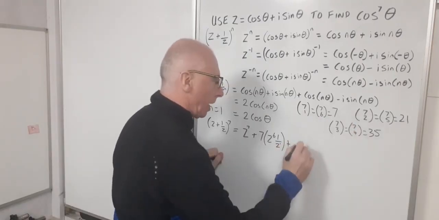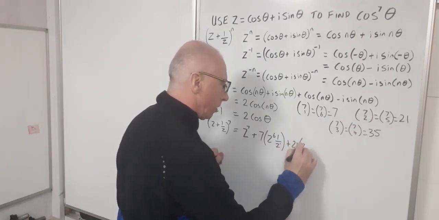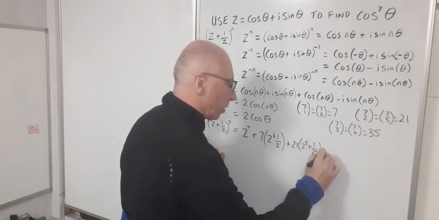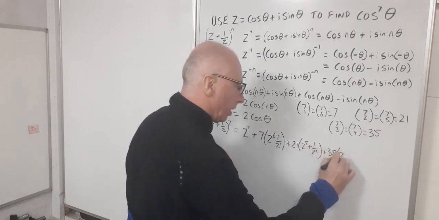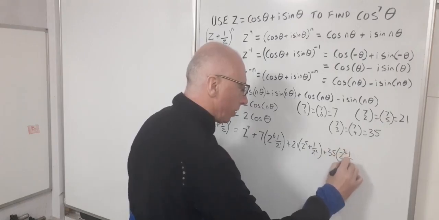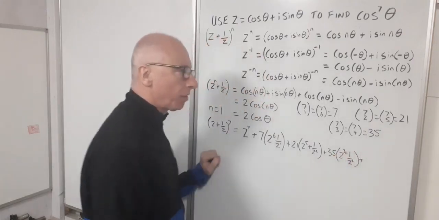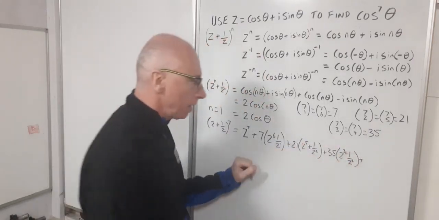So now I've got 21 z to the 5 plus 1 over z squared plus 35 z to the 4, 1 over z cubed, plus, and then we got z to the 3, so then I'm going to need 35 again.